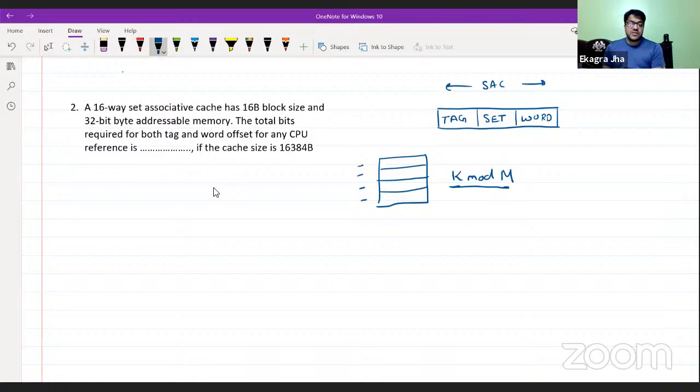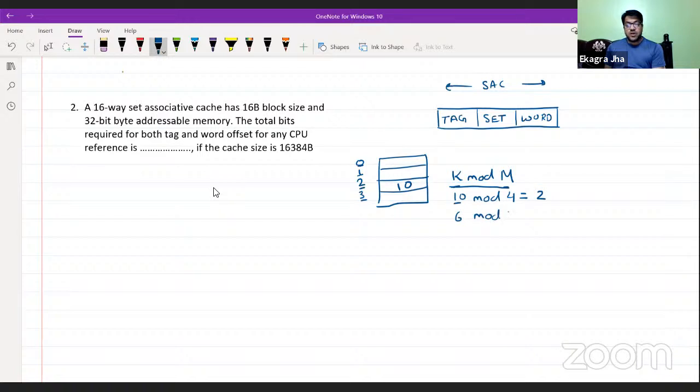But the only issue is, suppose this is 0, 1, 2, and 3, and if the key is 10, that should be 10 mod the number of blocks, which is 4. So the mod will become 2, and this particular data or reference 10 goes into block 2. Now another value comes, let's suppose 6.